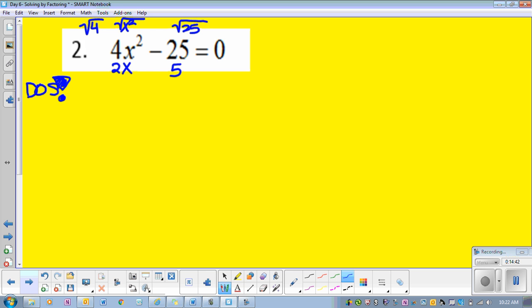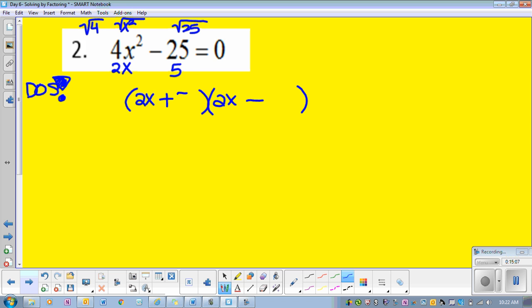So DOTS, remember, is double parentheses, opposite signs, and then we square rooted everything, right? What goes in that first spot? 2x. Right? And what goes in the second spot?